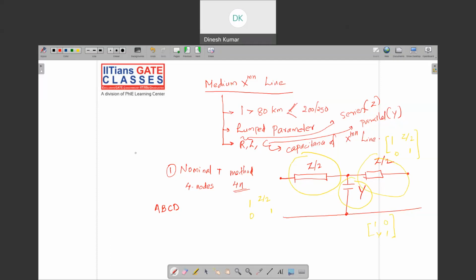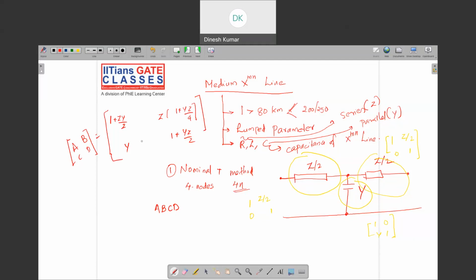If you multiply these 3, you will get A = 1 + ZY/2, B = Z(1 + YZ/4), C = Y, D = 1 + YZ/2. So this is the ABCD parameters. You should remember this.